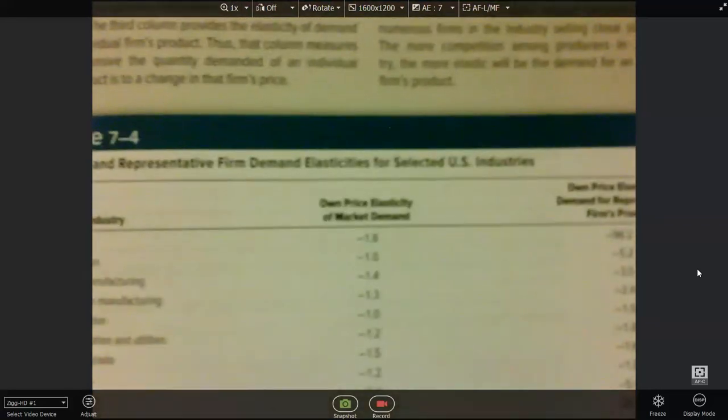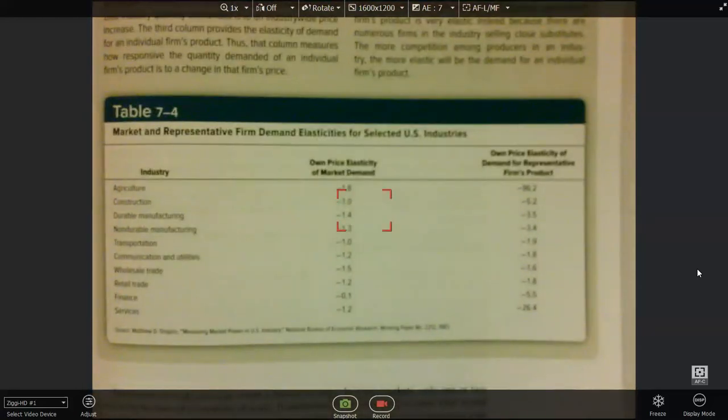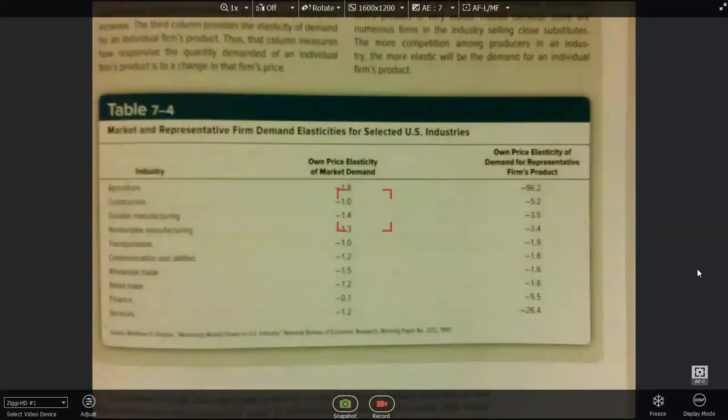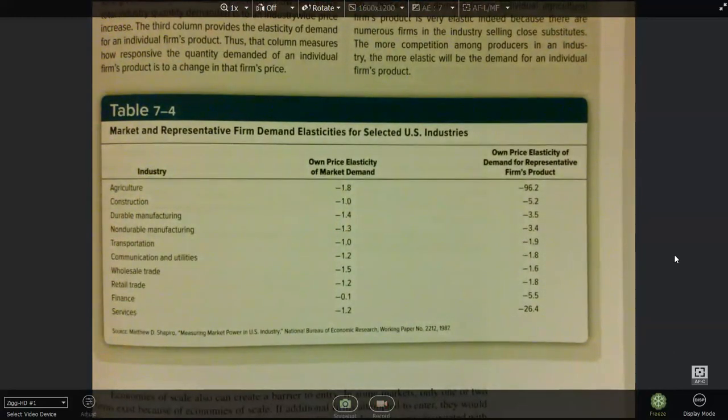I'll freeze this again for y'all once I've done it. So you guys remember the formula for the Rothschild index?